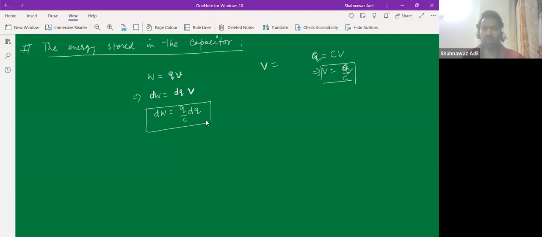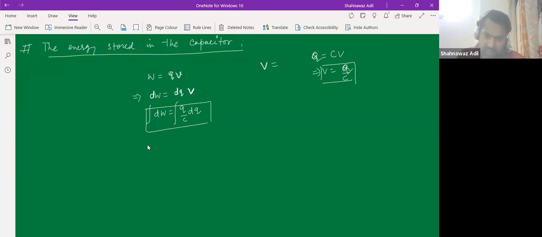Now if we want to calculate the total work done, then I have to integrate this thing, right? And the total work done is the energy stored. We have seen that total work done is the change in potential energy, so that will give you the energy stored.